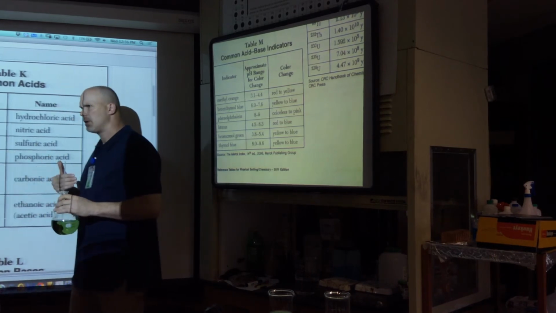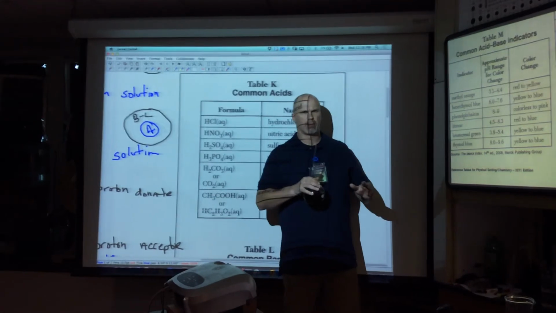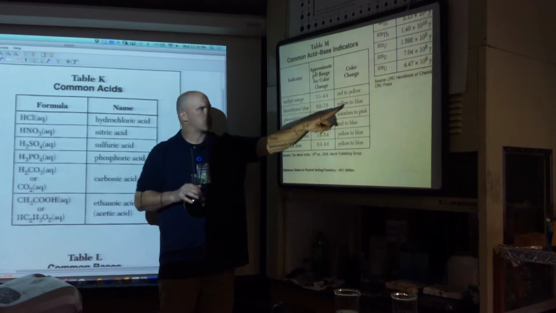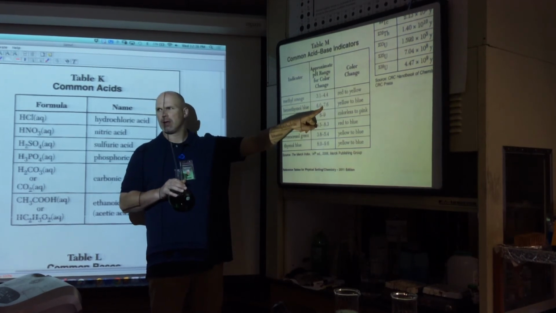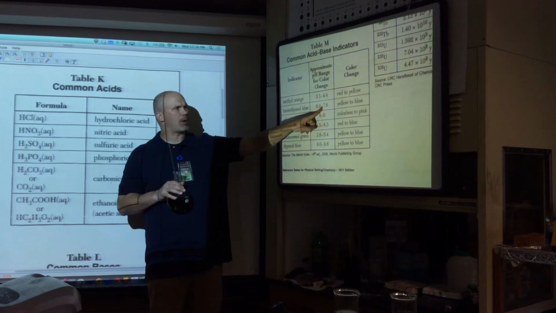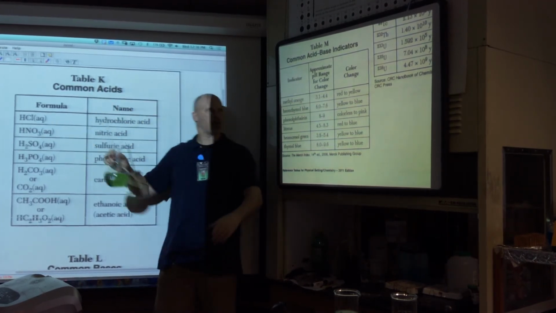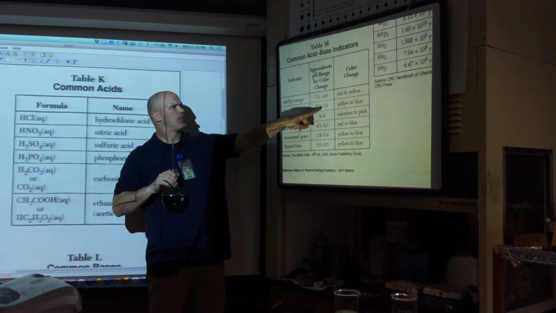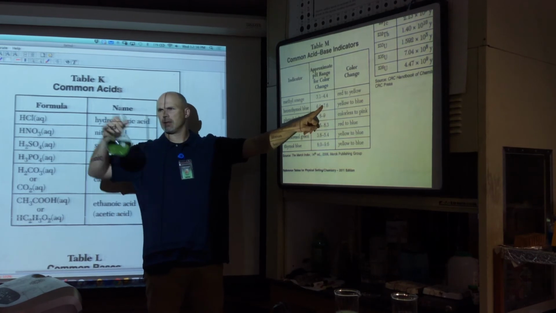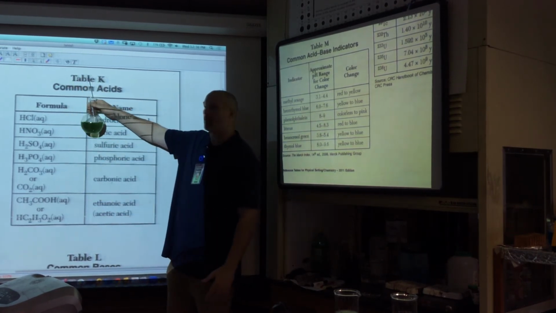Now, CO2 in water will make an acidic solution. So right now it's green. And if you look on table M, bromothymol blue, if it's green, is what pH? In between the yellow and blue, like yesterday, correct? So if I've got a green solution right here, and I'm using bromothymol blue, that must mean that the indicator is in between its yellow and blue color, correct? Yesterday, if you had a pH of 7, bromothymol blue should be green.